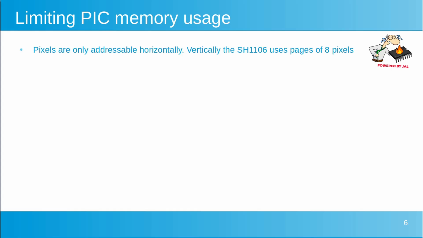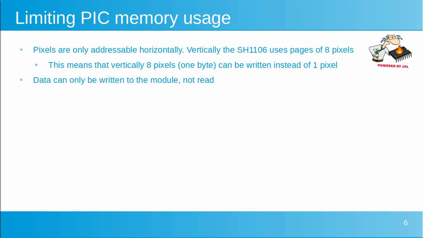So if you look at this module, the pixels are only horizontally addressable, and vertically the SSH1106 uses pages of 8 pixels. This means that vertically only bytes can be written instead of pixels. And there's another issue: the data can only be written to the module.